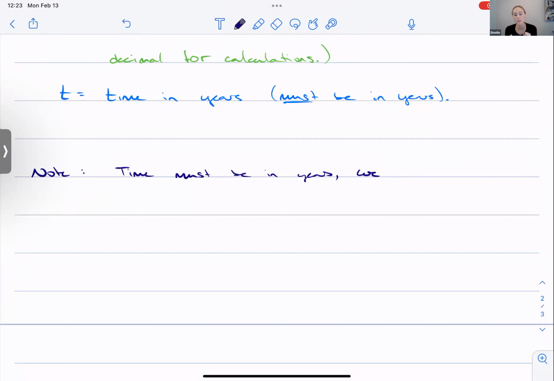So sometimes the question will say, okay, you borrowed money for 2 months. Now, how much do you owe at the end of that, right? And so that has to be converted to years. And so although it's quite obvious once you get going, I just want to establish these assumptions. So time must be in years. We will assume the following.